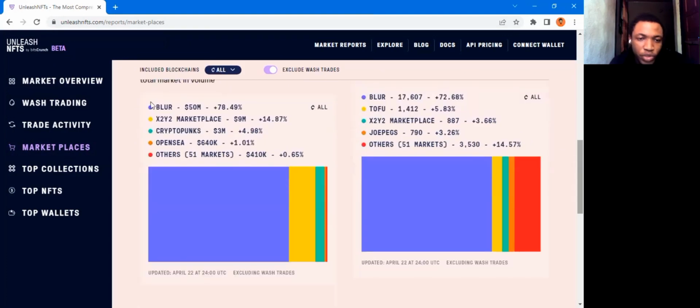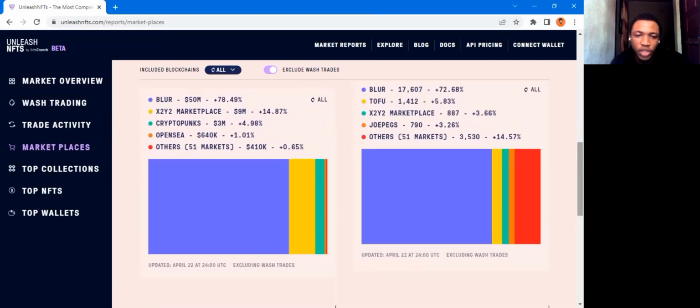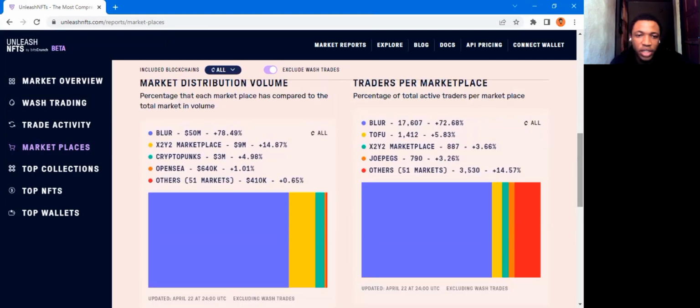Purple represents the Bend marketplace, yellow has to do with the X2Y2 marketplace, the green has to do with the CryptoPunks, orange has to do with OpenSea, and the red represents other marketplaces. From here we see that the marketplace with the highest distribution volume is the Blur marketplace, which has $50 million worth of volume going on there.